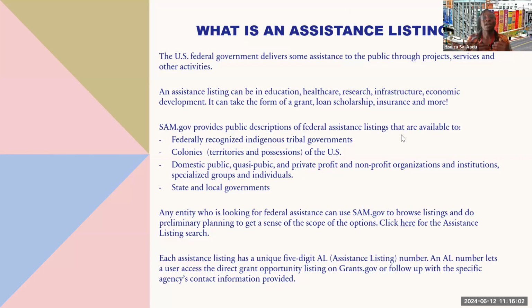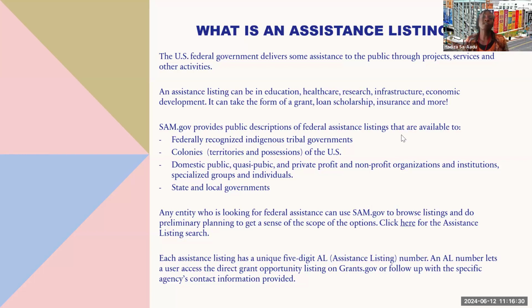So that is essentially what we're meaning by the term assistance: projects, services, and other activities. So an assistance listing can fall in any of these following sectors. Those sectors include education, healthcare, research, infrastructure development, and economic development.